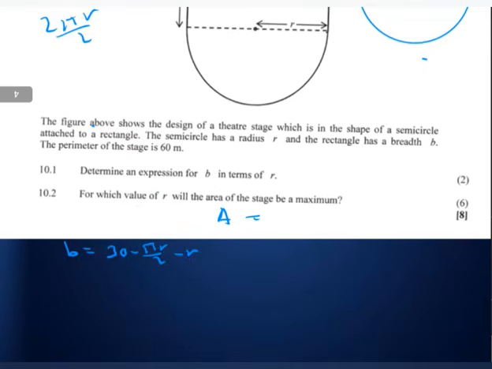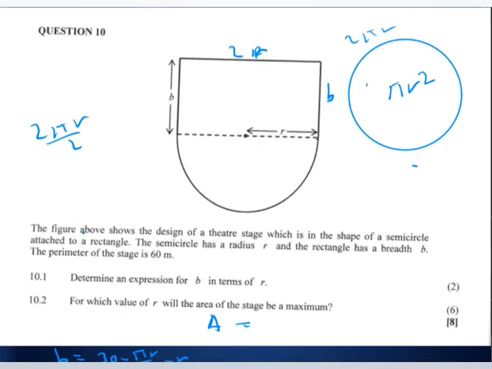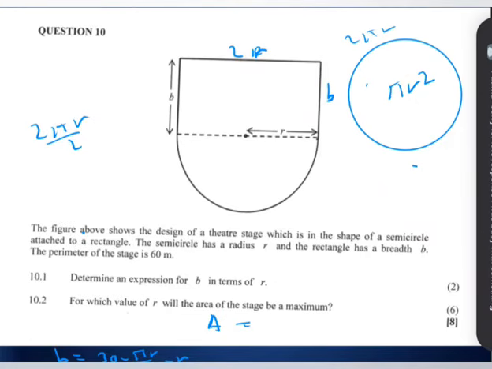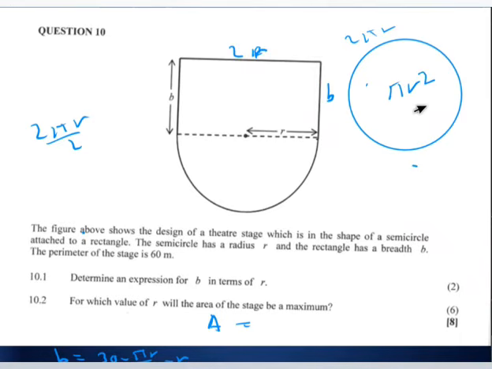Alright, so now they ask for the value of r such that the area will be maximum. So now let's talk about the area. The area of a semicircle is just going to occupy half of the space of the area of a circle, right?